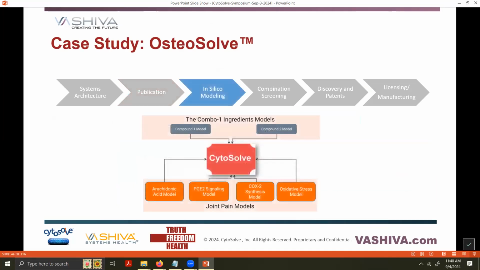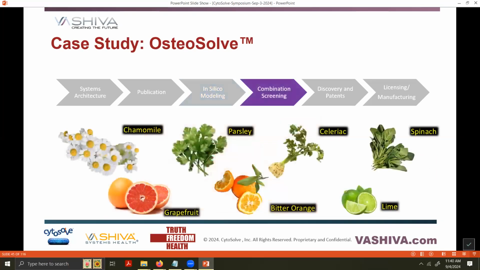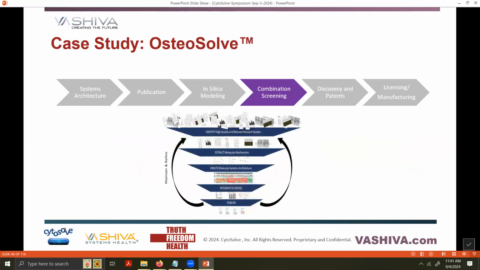And then we used all of those molecular mechanisms relative to joint health, and we modeled it. Then we went through many different compounds that come from these different vegetables and fruits. We identified a set of compounds, and we did trillions of calculations.